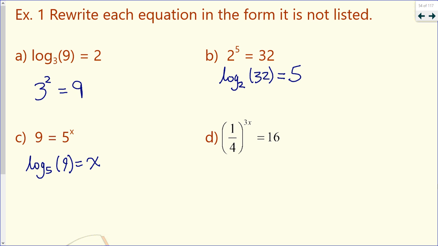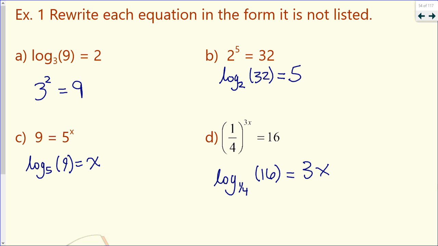And then lastly, we can go again from exponential form to log form. So I'd say log, and then the base is 1/4, of 16. So that 16 goes inside of the log, and that equals 3x. And so this gives us a lot of flexibility with solving.